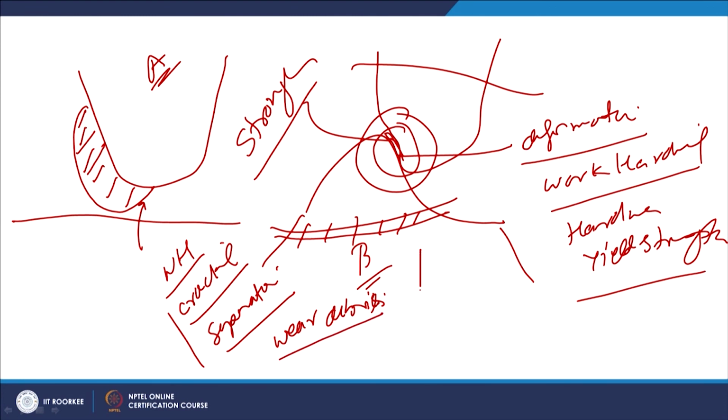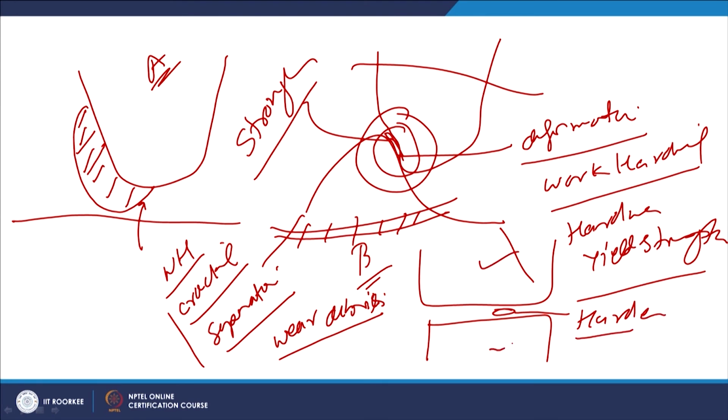Now this wear debris, which has been separated from both sides, is harder than either of the metals due to the continuous deformation and work hardening, so it may act as a harder third particle. So, it may cause three body abrasive wear.